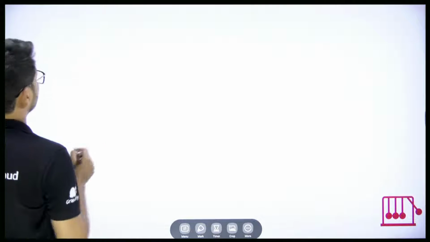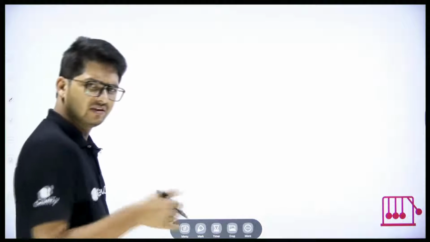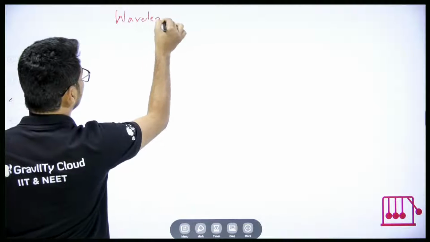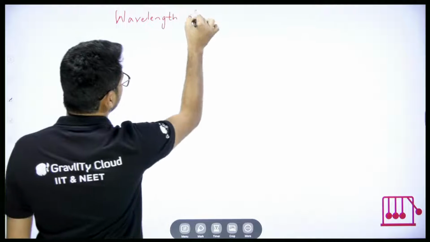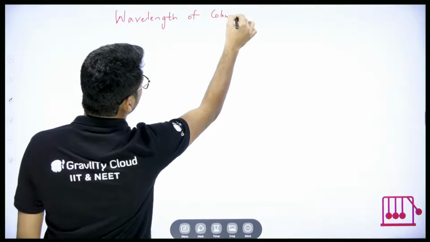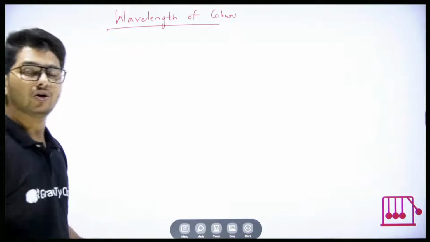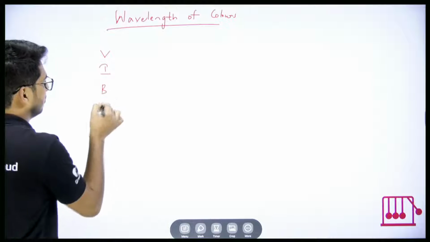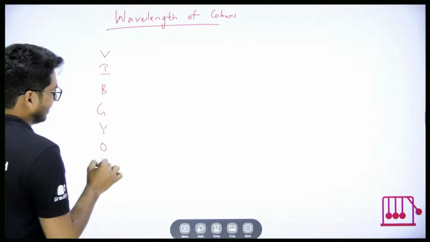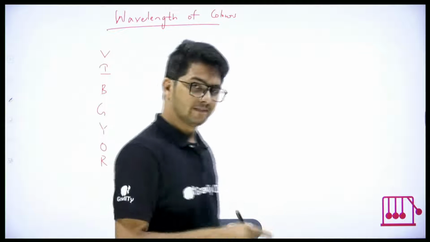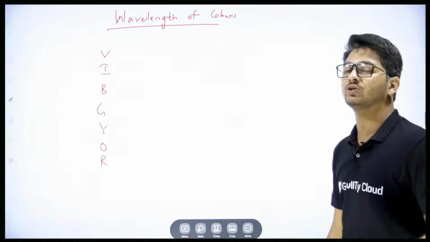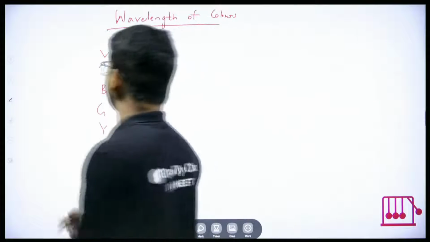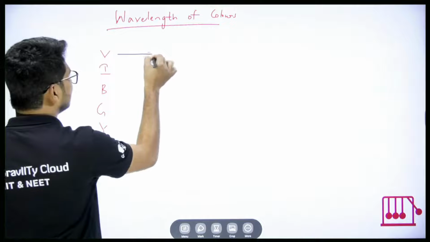So before that, there is one thing again we have to remember. Let's revise it quick. Wavelength of colors. Basically, when I say colors, I am talking about Vibgyor only. So when it comes to the wavelength, which of them has the least wavelength? Violet or red? Violet has the least wavelength.